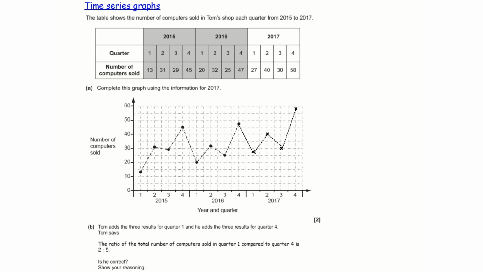If we then look at part B, it says Tom adds the 3 results for quarter 1 and he adds the 3 results for quarter 4. So if we go back to quarter 1, let's have a look at what we've got here. So I'm just going to write this out. So for quarter 1 we're going to have to add 13 and 20 and 27, and for quarter 4 I'm going to add together 45 and 47 and 58.